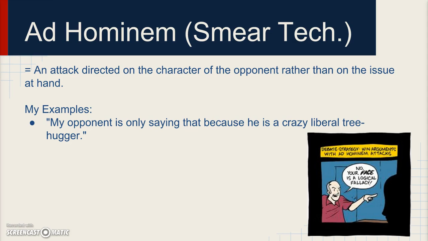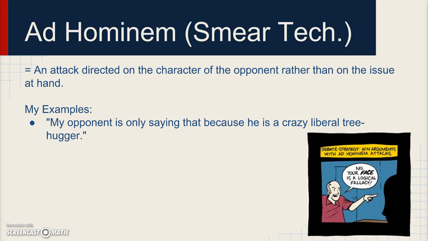So if you only focus on your opponent's bad character and not the issue that you're arguing for, this would be ad hominem. So if you say my opponent is only saying that because he is a crazy liberal tree hugger, you're not focusing on the argument, rather you're focusing on his personal beliefs, which has nothing to do with the argument.